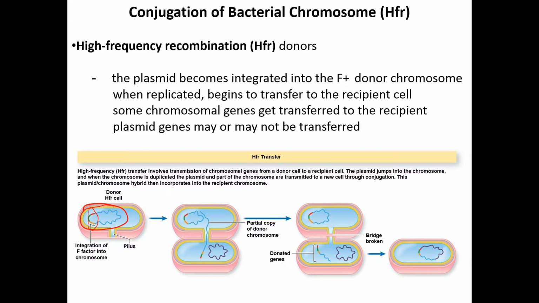Now, only a partial copy of this gets transferred in. So along with the F plasmid genes, you have some genes from the host bacterial nuclear chromosome that get transferred too. And so that can incorporate into the chromosome of the host cell. So you can have the exchange of genes that are actually found in nuclear DNA, not just the plasmid.